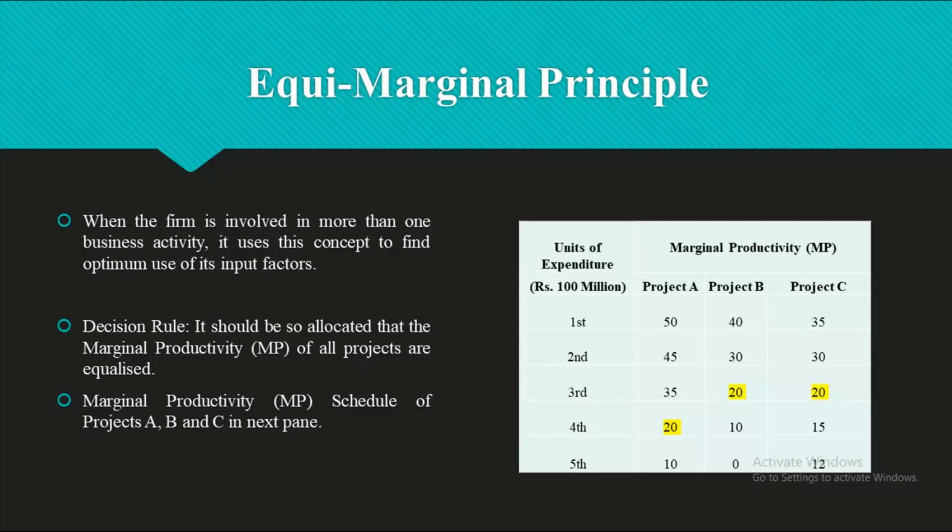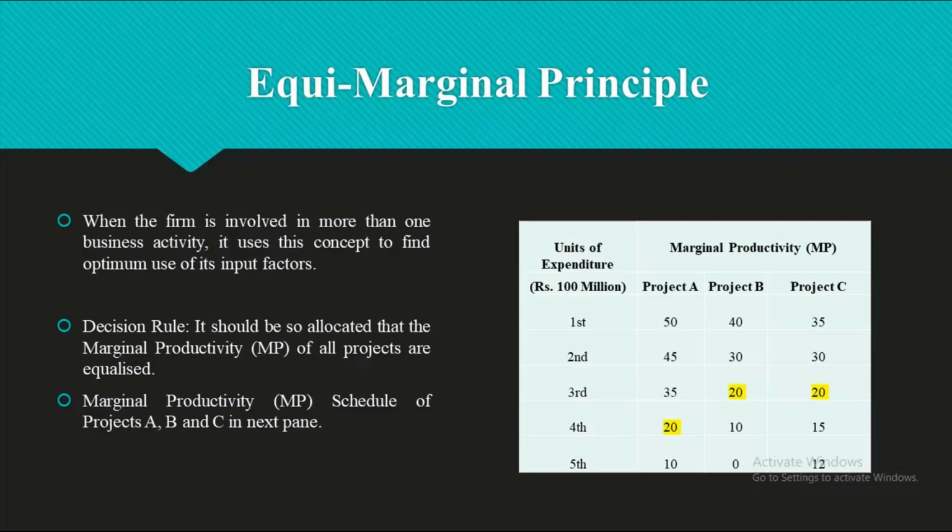So what is happening here? In the concept of the equi-marginal principle, I would keep on investing alternatively in all of these projects until my marginal productivity from all three projects becomes equal, meaning 20, 20, 20. When it becomes equal, in case of project A, I will invest till the fourth batch, where it comes to 20.